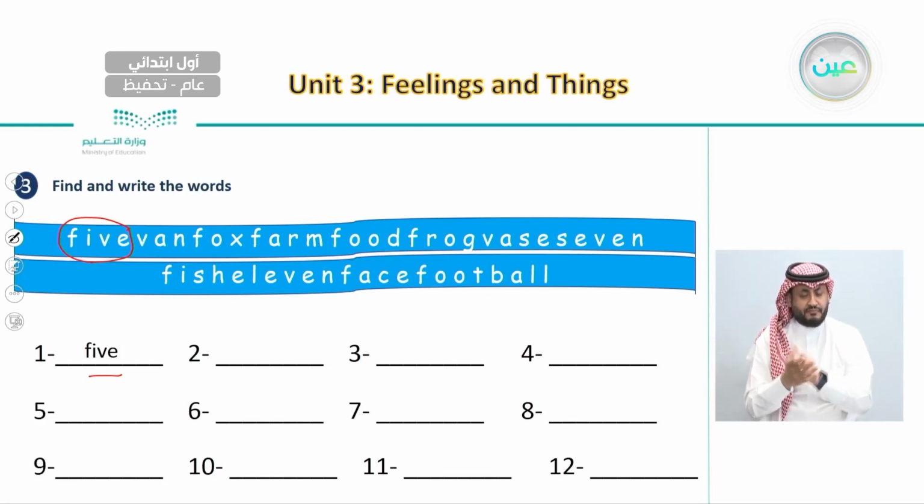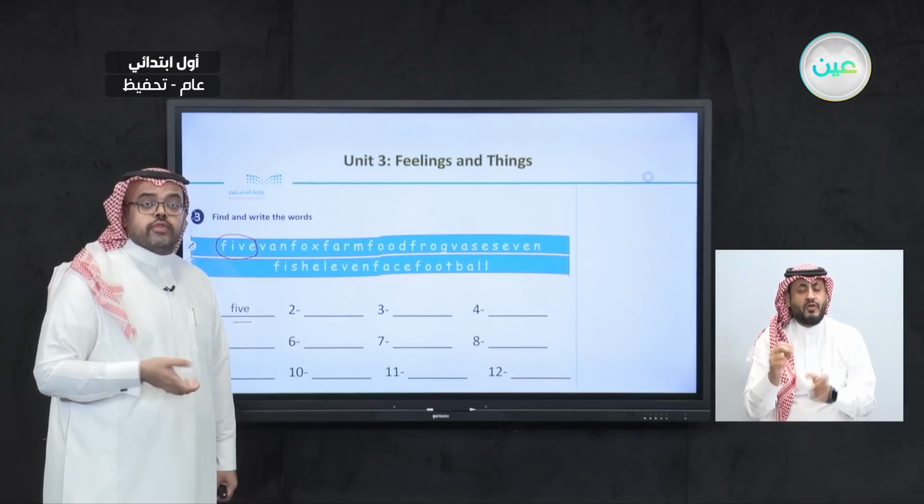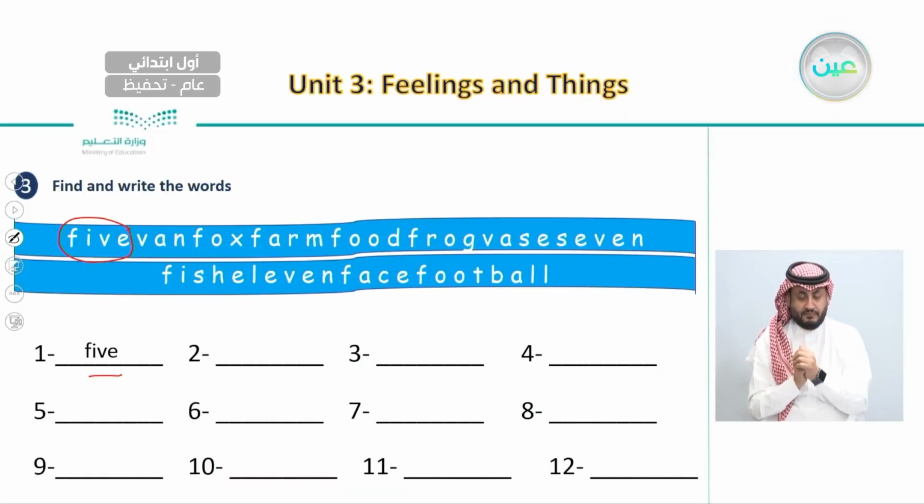Now we can have more than 12 words here in this exercise. For example, next to five, we have the word van. So we go here and we write the word van, just like this.